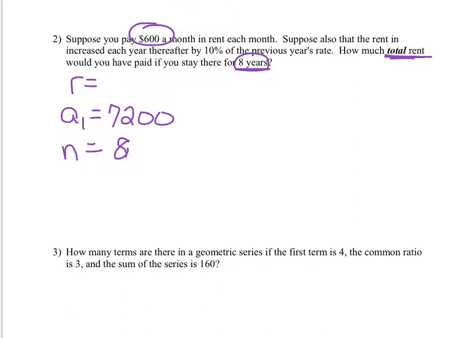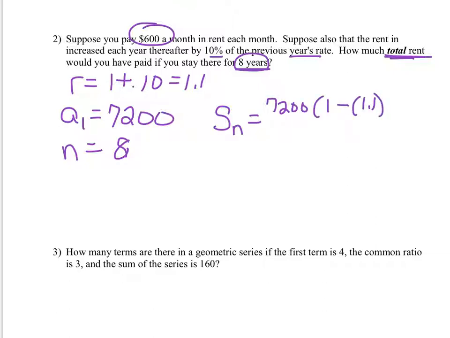And the rent increases 10% every year, so we kind of want to stay in years. So it increases, so remember the common ratio is 1 plus the 10%, so it's 1.1 or 1.10. So those are the three things that we need. So if I want to find my S of n, I simply do A1 times 1 minus the common ratio to the 8th power over 1 minus 1.1.